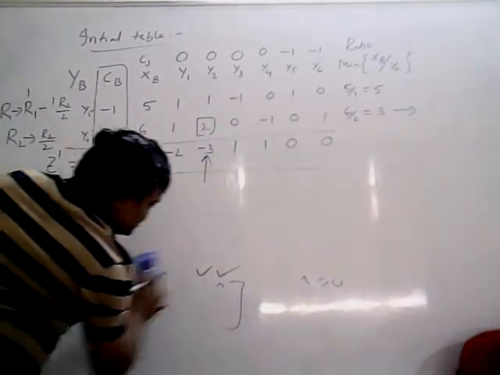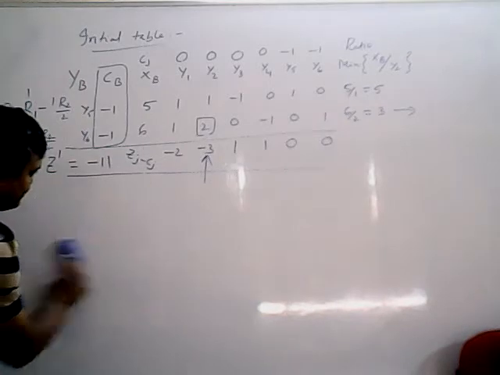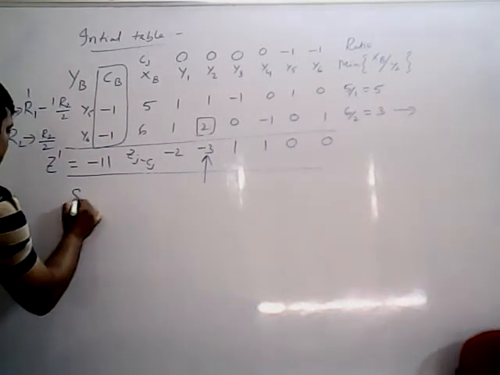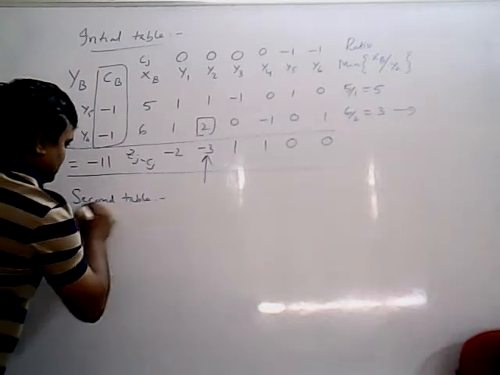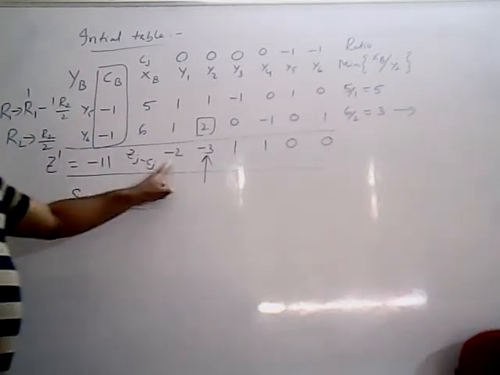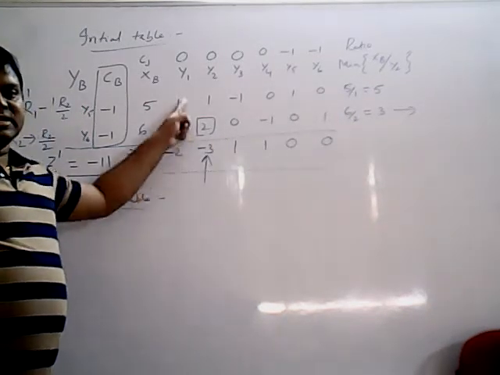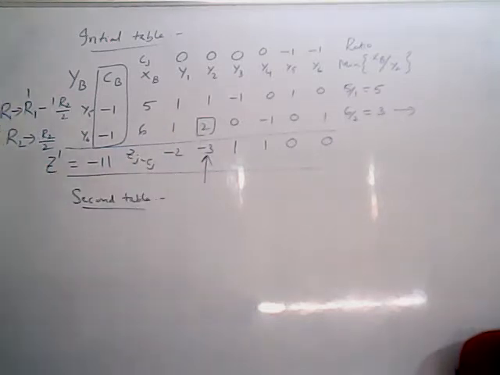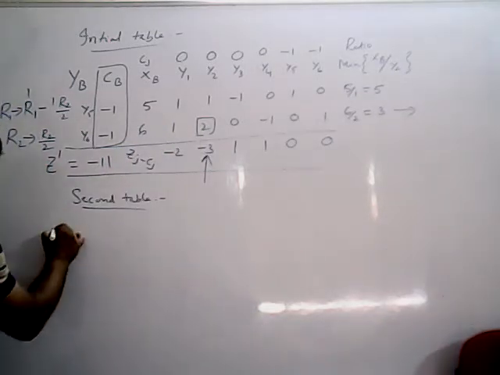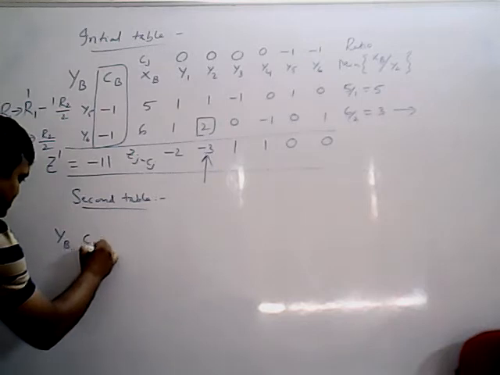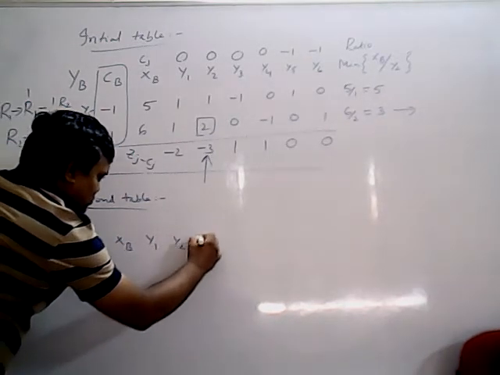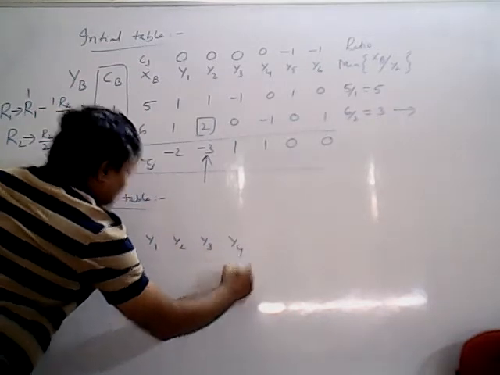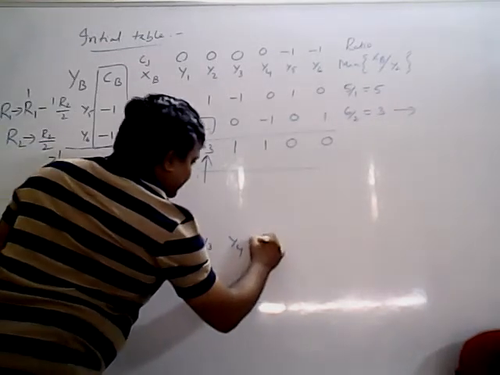Now the starting table is completed. Now I will draw the second table. You have to repeat the procedure until all are greater than or equal to 0, or there is an indication of an unbounded solution. What are the columns required? Same as before: YB, CB, XB, Y1, Y2, Y3, Y4, Y5.